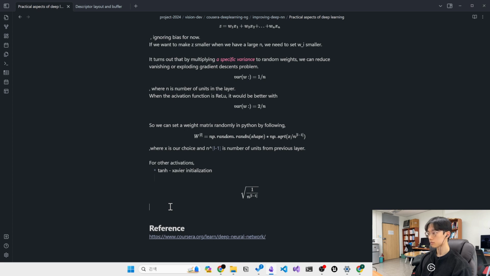But in practice, I think all of these formulas just give you a starting point. It gives you a default value to use for the variance of the initialization of your weight matrices.